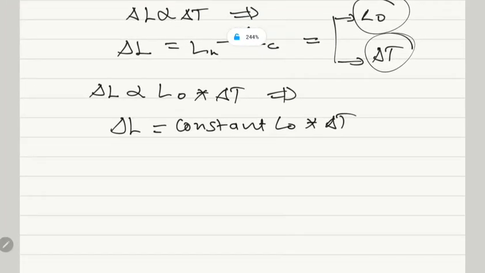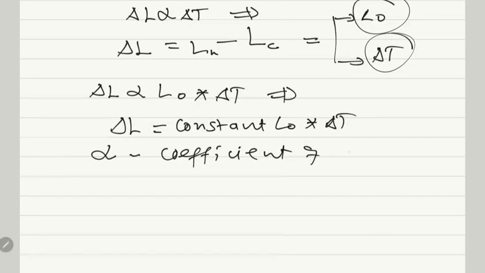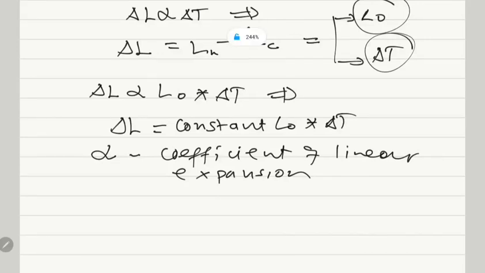But the constant of proportionality is denoted by alpha. It is the coefficient of linear expansion, something related to the nature of the material from which the object is made.